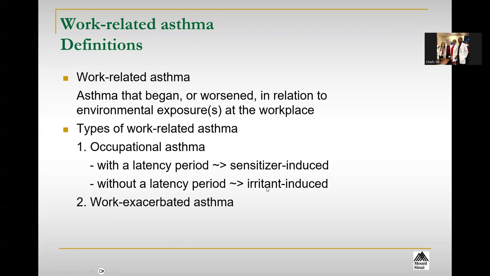However, when it is irritant-induced, for example, a spill of ammonia or chlorine, an agent that is potently irritant, there's usually no latency period. It's within hours that the patient experiences the onset of symptoms.